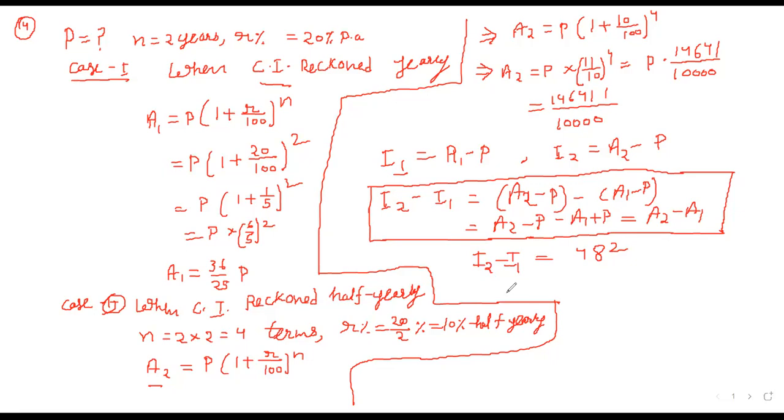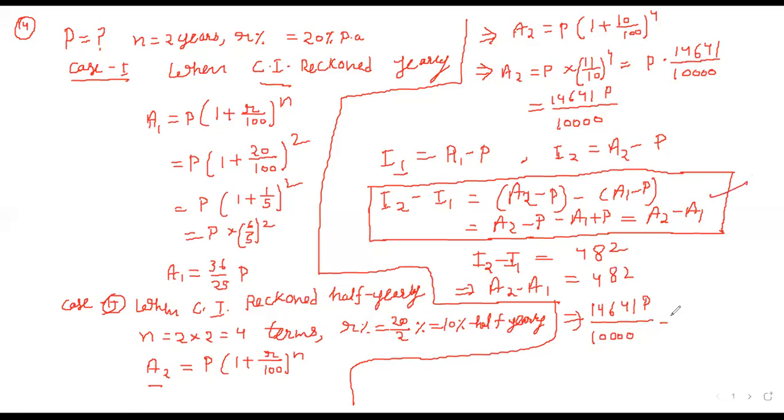So this is forming an equation. When we use A2 minus A1 in place of I2 minus I1, A2 minus A1 equals 482. It implies A2, we have calculated, is 14,641 P upon 10,000, minus A1.